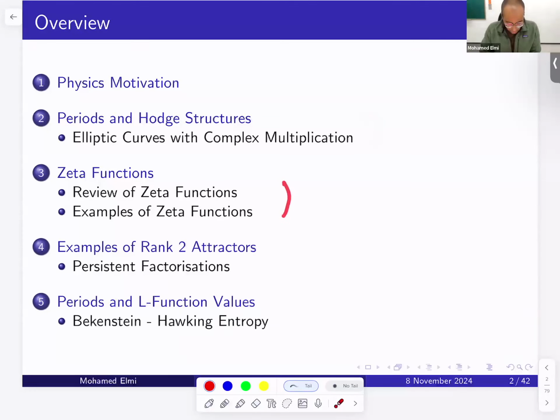We'll use this zeta function to find examples of supersymmetric flux vacua or rank 2 attractors. And finally, I'll end with some speculation on how we can go backwards, how ideas from physics can help us in arithmetic geometry.